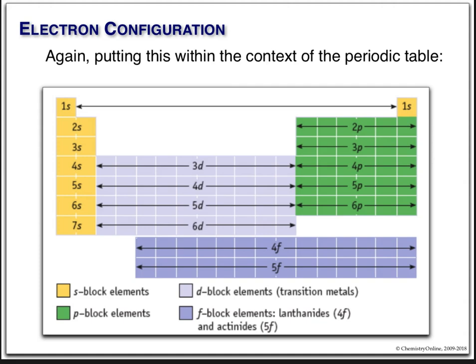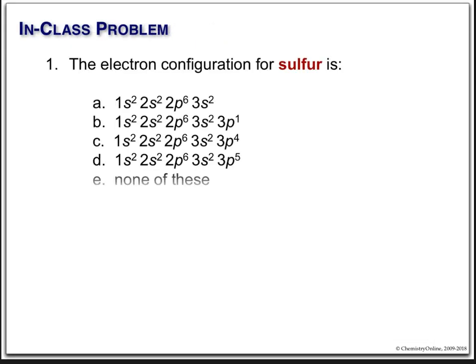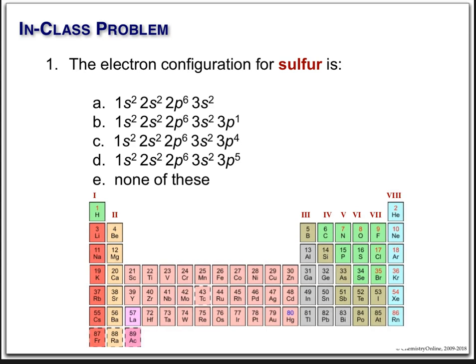So, what does this look like on an exam? Sulfur. Which of these is sulfur? Well, you have to find sulfur on the table, don't you? Sulfur lives in the third period. Oh my goodness, and it's right there.